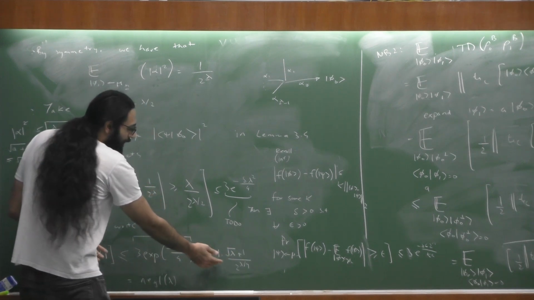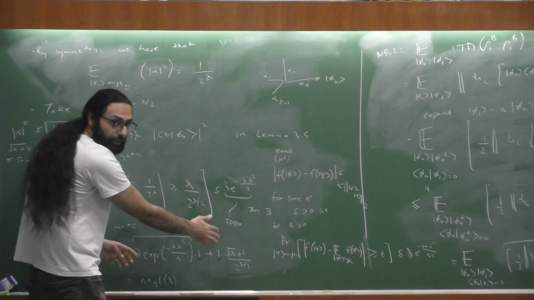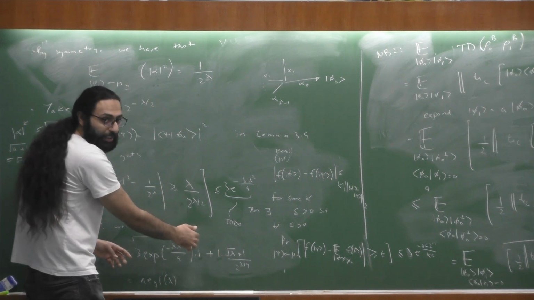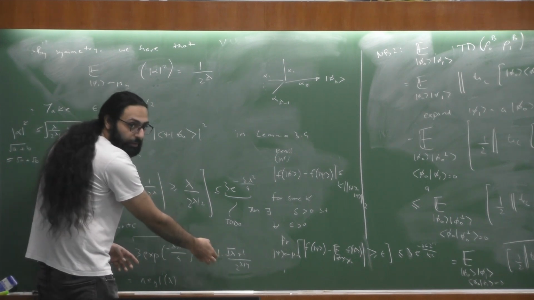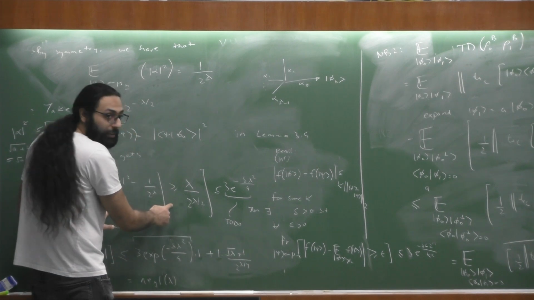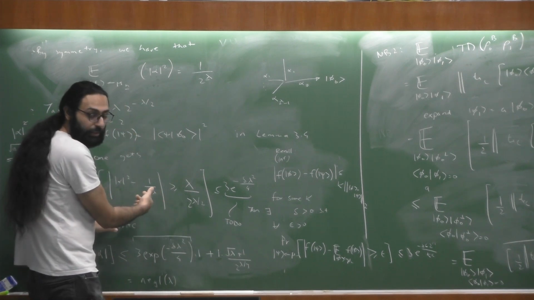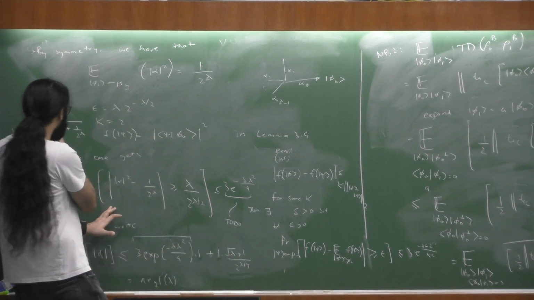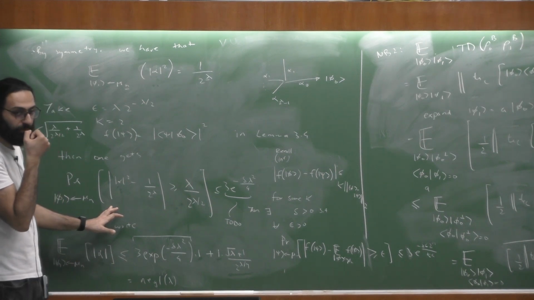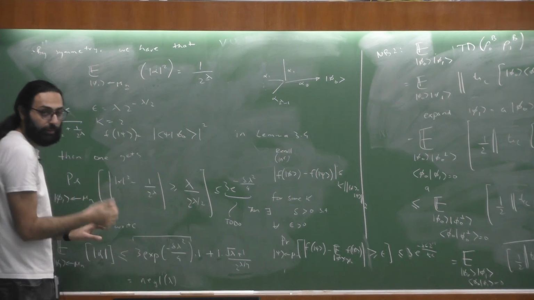So I put 1 because it's an upper bound, but you can put 1 minus negligible. And then I'm saying in the case that the bound is satisfied, what is the highest value this thing can take? And then I just solve for alpha, mod alpha, assuming this bound is satisfied.